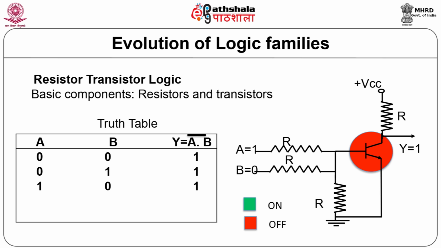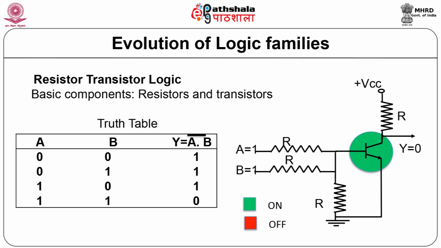When A is 1 and B is 0, again transistor is off and output is logic 1. But when both are 1 1, that is A equal to 1 and B equal to 1, in that case the transistor will be on and output is logic 0.